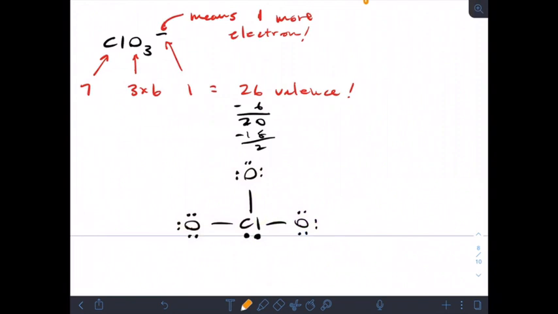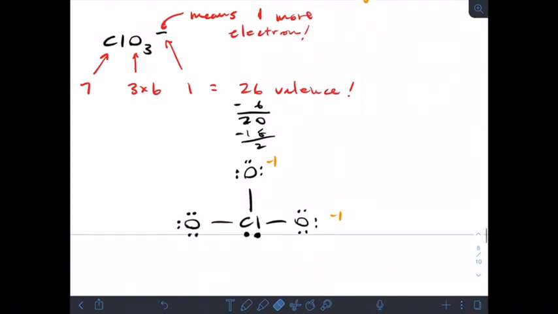So right now, my formal charges on my oxygens are all minus 1s. Minus 1 on that oxygen, minus 1 here, and minus 1 because they're all the same. Let's label that this way. Let's look at the chlorine on the other hand.